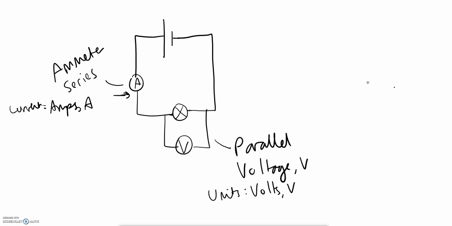In addition, you need to know which direction the conventional current is. Now, the longer side of this here is the positive part of the terminal, and this side is the negative. You might have seen that when you've got batteries, there's a positive and negative side. So we say that the current, this is called conventional current, flows from positive to negative. That's shown here. Conventional current goes from positive to negative terminal.